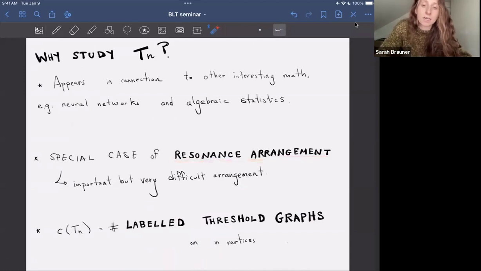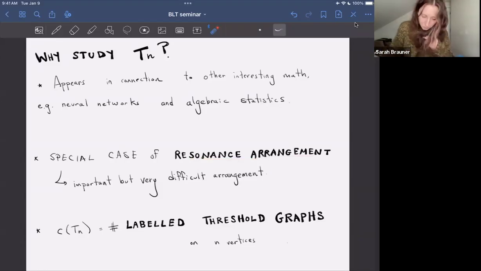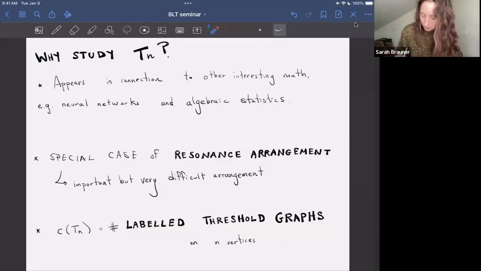This is, I think, a very interesting but difficult to understand arrangement, where we don't even know how to count the number of chambers in the resonance arrangement. So this is a sub-arrangement of that. And then finally it has a very nice chamber count, which is where it gets its name. So its chambers are counted by the number of labeled threshold graphs on n vertices. So I'm going to tell you right now what a labeled threshold graph is.